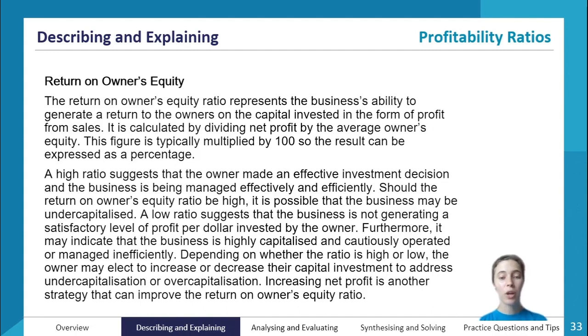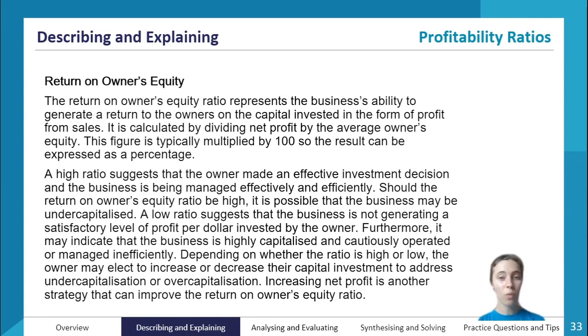A low ratio suggests that a business is not generating a satisfactory level of profit per dollar invested by the owner. It also could indicate that the business is highly capitalized and cautiously operated or managed inefficiently.